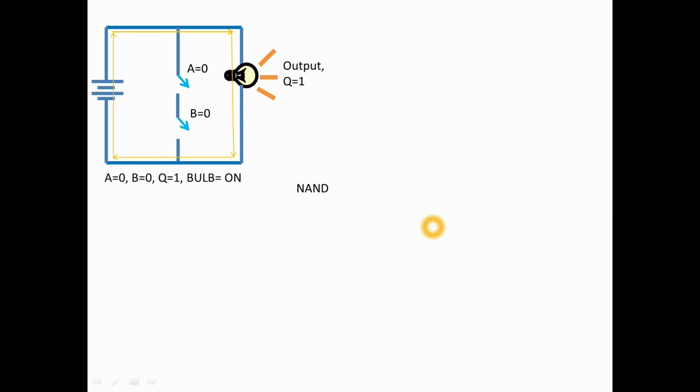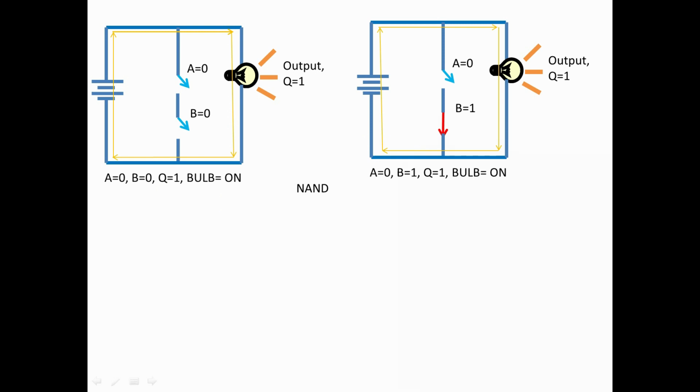Let us see the working of the NAND gate. When A is equal to 0 and B is equal to 0, these two switches are open, then current flows through the bulb, so Q is equal to 1 and the bulb is in the on state. When A is equal to 0 and B is equal to 1, one switch is open and the other is closed, then the current flows through the bulb through this path, so the output is logic 1 and the bulb is on.